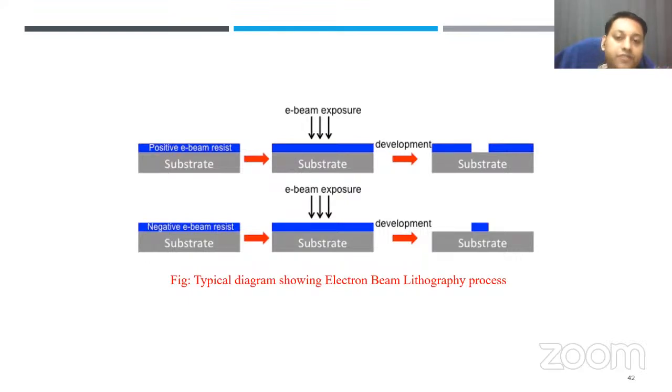The reason is that nanoscale dimension features cannot be formed by photolithography. So we take the help of electron beam exposure. Again the same method: you have a positive or negative electron beam resist deposited on the substrate, and the pattern is formed by suitably masking the exposure to the substrate.